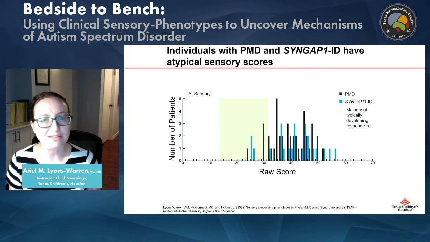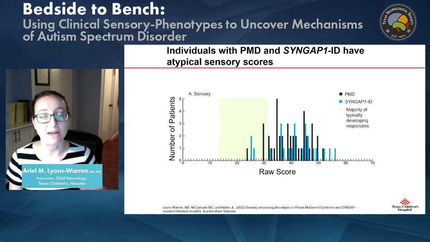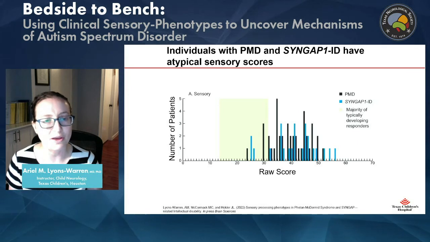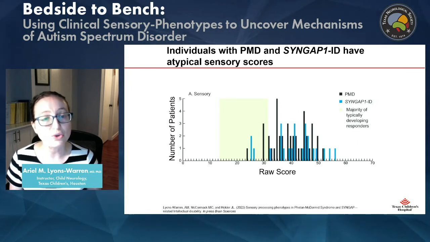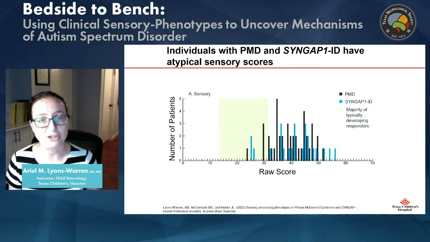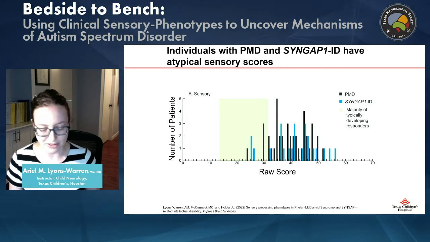And the green box, I'm sorry, on my screen at least, the key is not coming through as well, but the green box is the score range of typically developing children. And so what you'll see is that both of our monogenic neurodevelopmental disorder populations were well outside the normal range, confirming that there is a high percentage of sensory impairment in these populations.